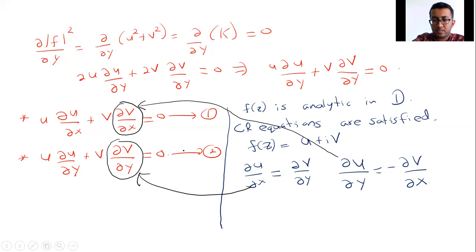So if you insert them, you get u ∂u/∂x minus v ∂u/∂y equals 0. I will take this equation as 1a.